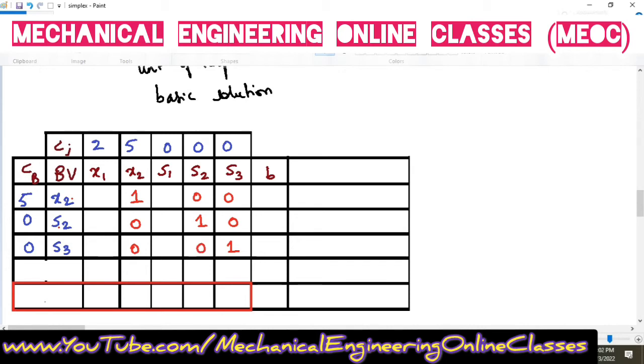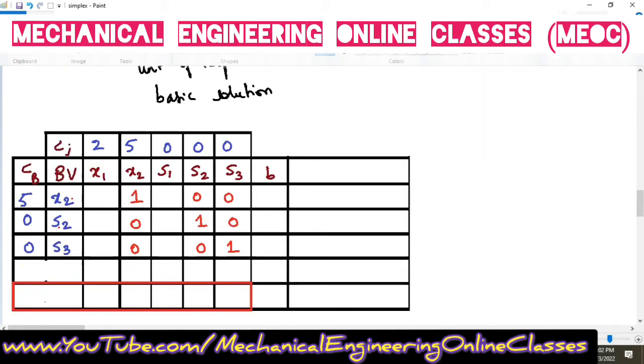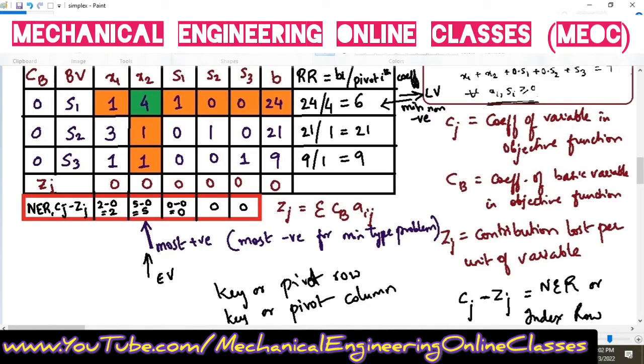So in order to make this identity matrix, or to change these technological constants into ones and zeros from the original ones, we have to apply the Gauss-Jordan method. Using this method, we will be converting our previous constraints to a new constraint without changing the meaning.